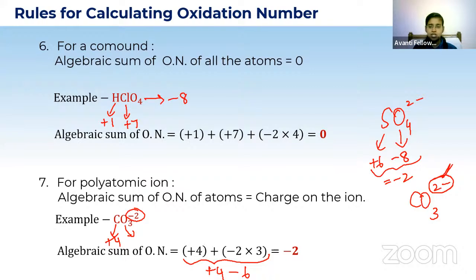the compound. And now the charge is also -2. So the algebraic sum of the oxidation number is also -2. The charge is also -2. Okay? Clear? Clear or not?